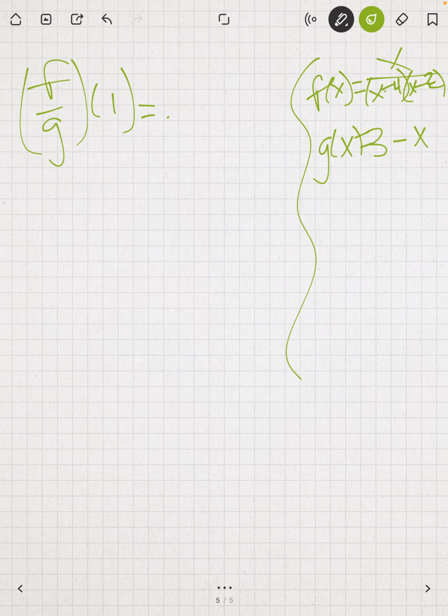So here we get a big fraction bar. 1 over 1 minus 4, 1 minus 2, over 3 minus 1.